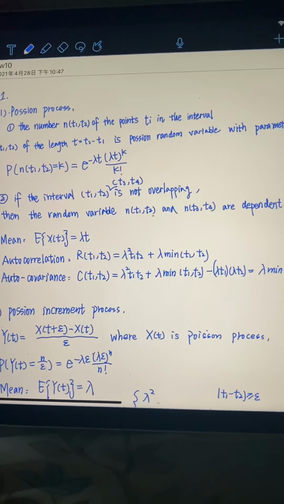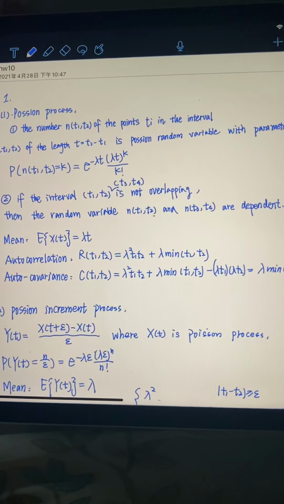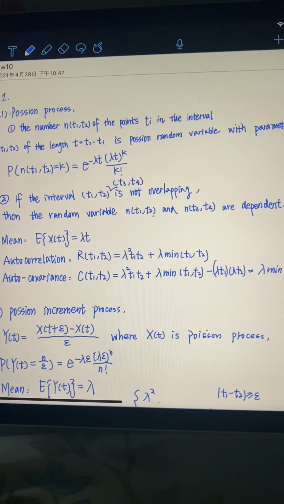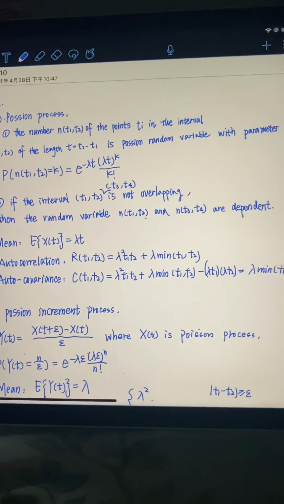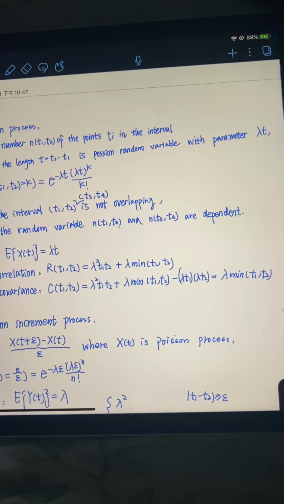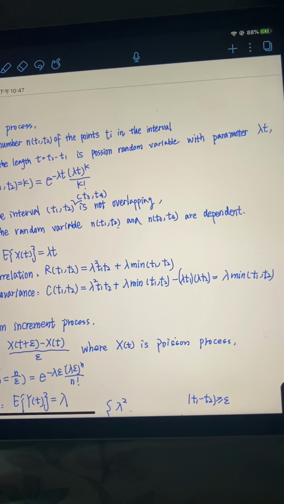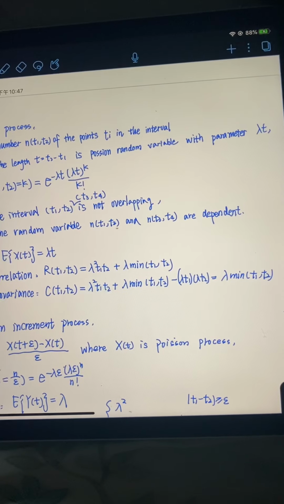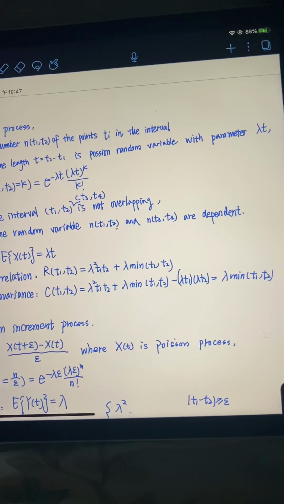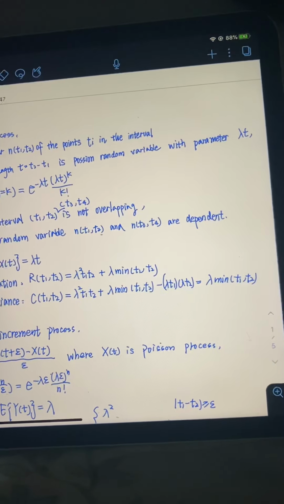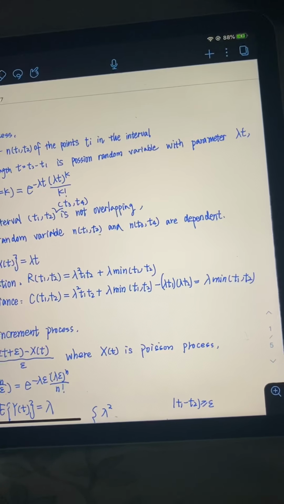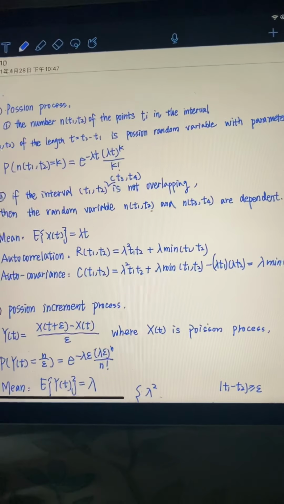And the autocovariance C(t1, t2) is equal to lambda squared t1 t2 plus lambda min(t1, t2) minus lambda t1 times lambda t2, that is equal to lambda min(t1, t2).